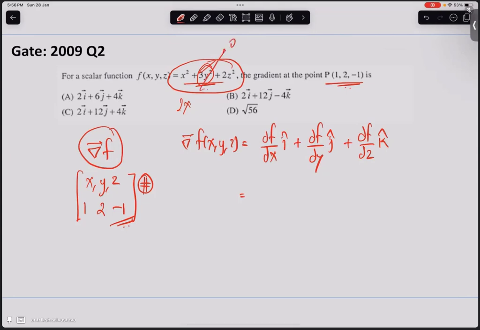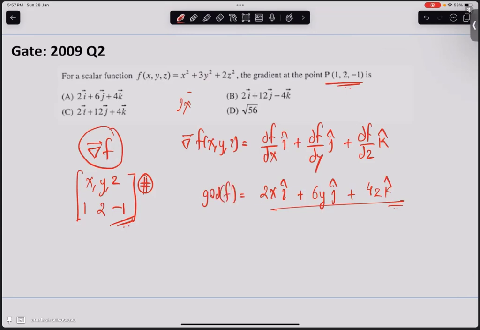So this will be 0 and this will be 0. So you have 2x i cap plus, again the partial differential of this function with respect to y, 6y j cap, and then this one is 4z k cap. So this is your gradient of this function.